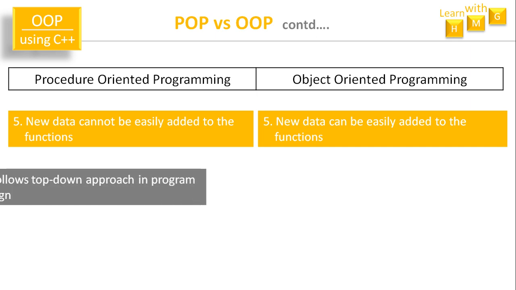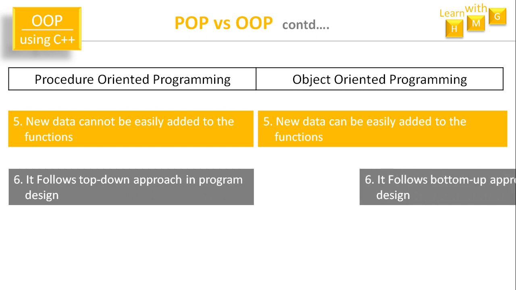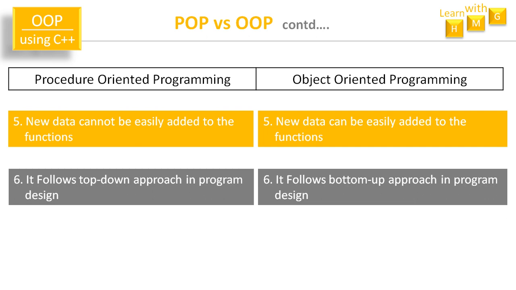The next difference is that POP follows the top-down approach of program design. First there is the main program, and within the main program there will be small functions to accomplish small tasks. So the program design starts from higher level to lower level. OOP follows the bottom-up approach. In the bottom-up approach, the design starts from lower level and ends at higher level.